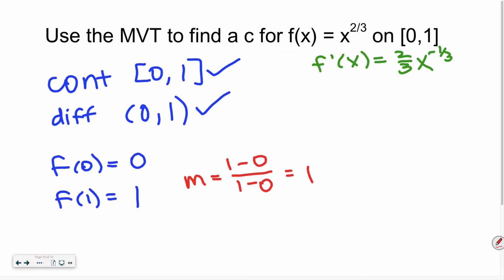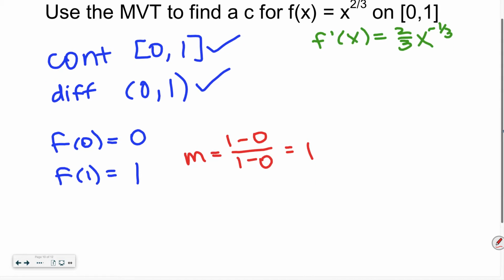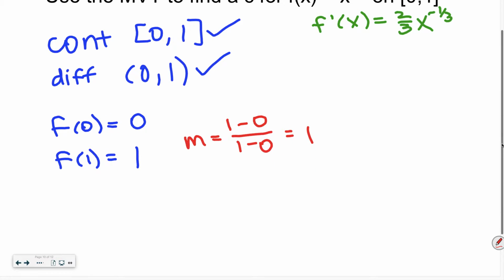Okay. And what we want to have happen is we want our average rate of change to equal our instantaneous rate of change. So we want our derivative, 2/3 x to the negative 1/3, to equal 1.